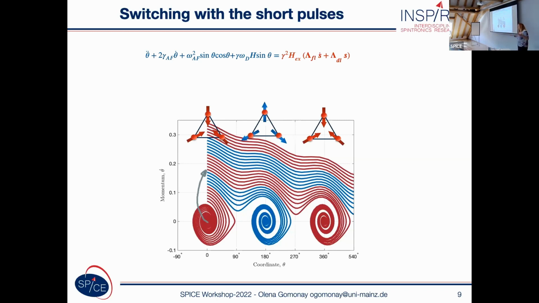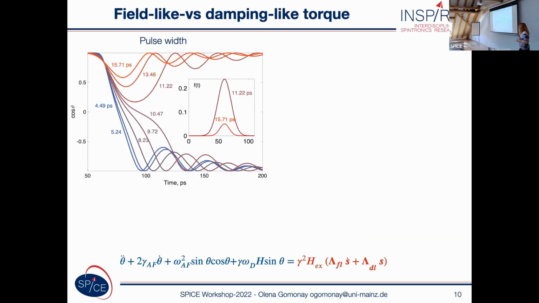So how can we tailor these pulses? First, we studied the effect of the anti-damping torque, and we found that if we use only the anti-damping torque, we should be very careful, because depending on the pulse width, we can have full switching to the final state, or the system can return back into the initial state.